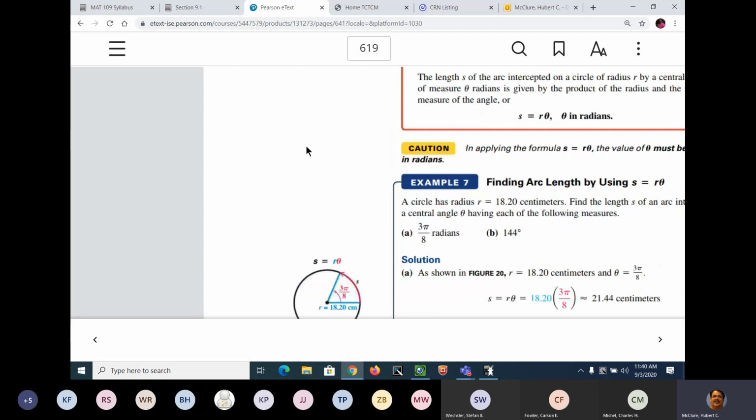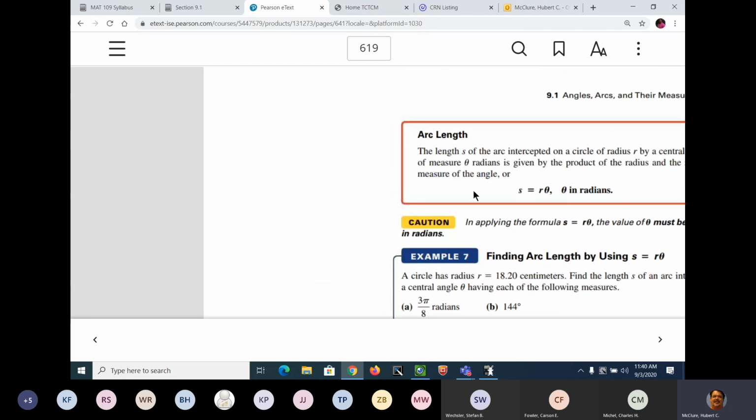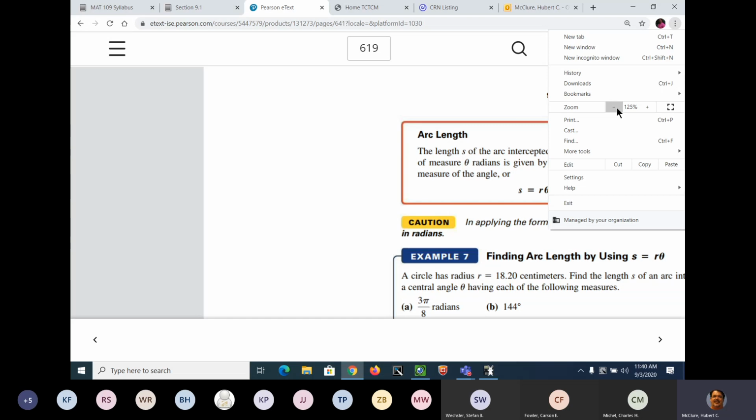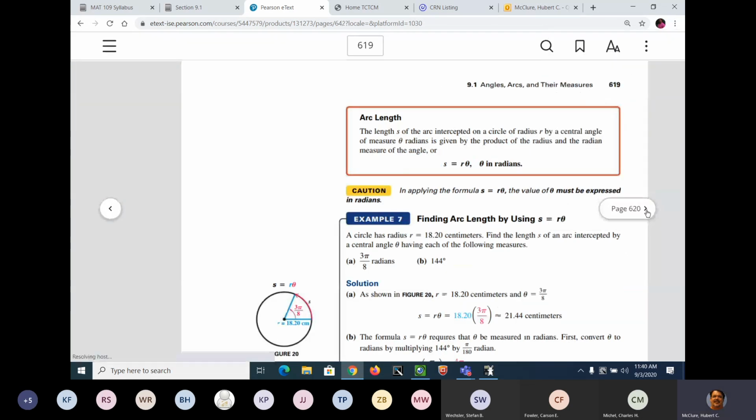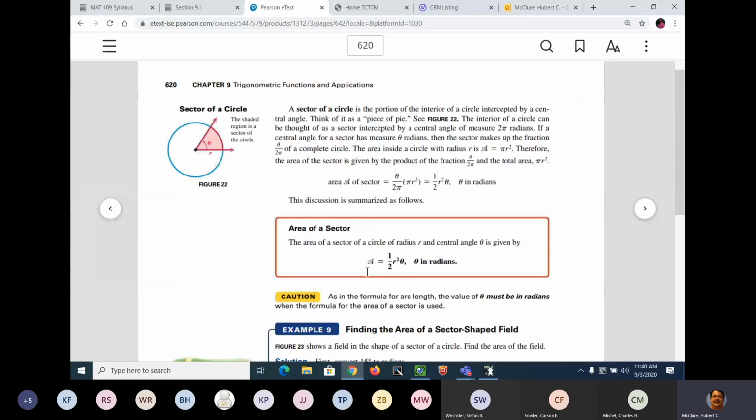All right, so let's move over to the next formula, which works about the same way. Area is 1/2 r squared theta. So write that down. Now you're finding the area of the pie slice right here.